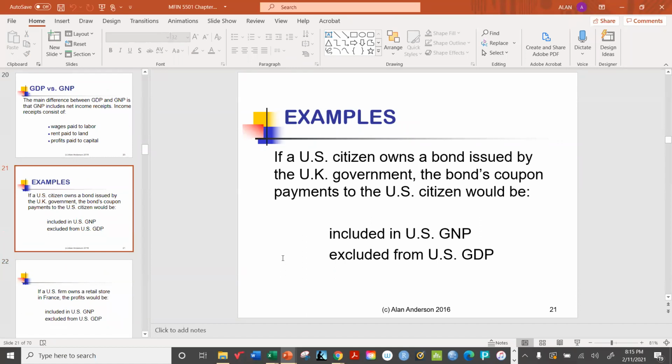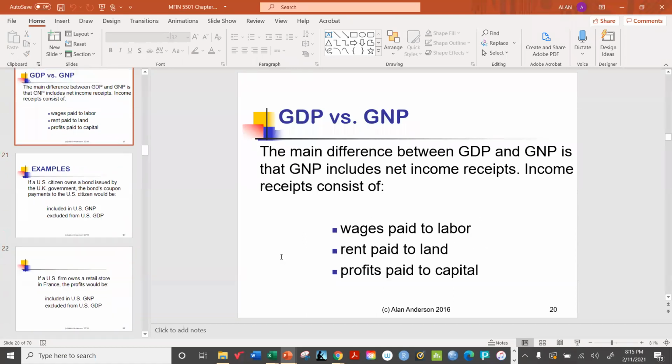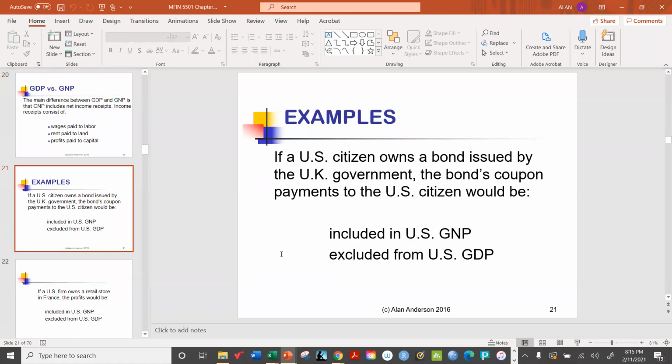Here's some examples of how this works. So if a US citizen owns a bond issued by the UK government, interest payments will flow from the UK government to the United States. Those payments are going to count in our GNP because this is considered to be an earning by an American citizen. But it's not going to count in GDP because it is not coming from the United States.